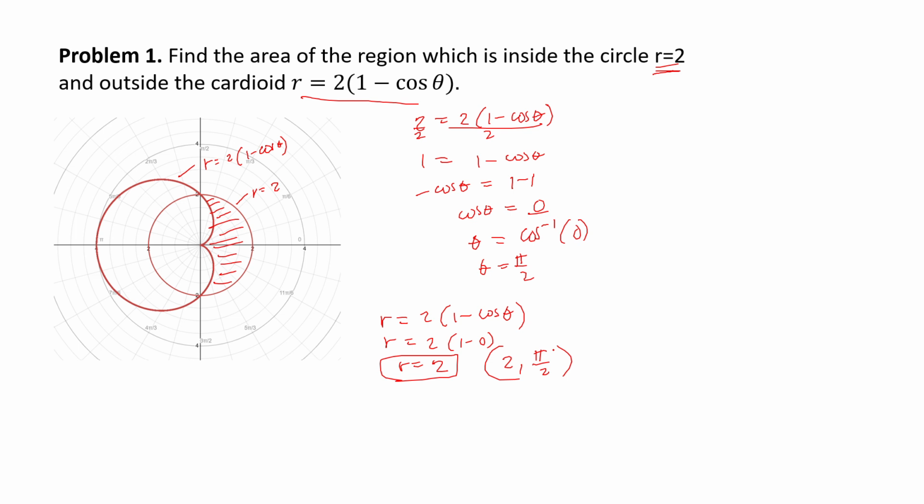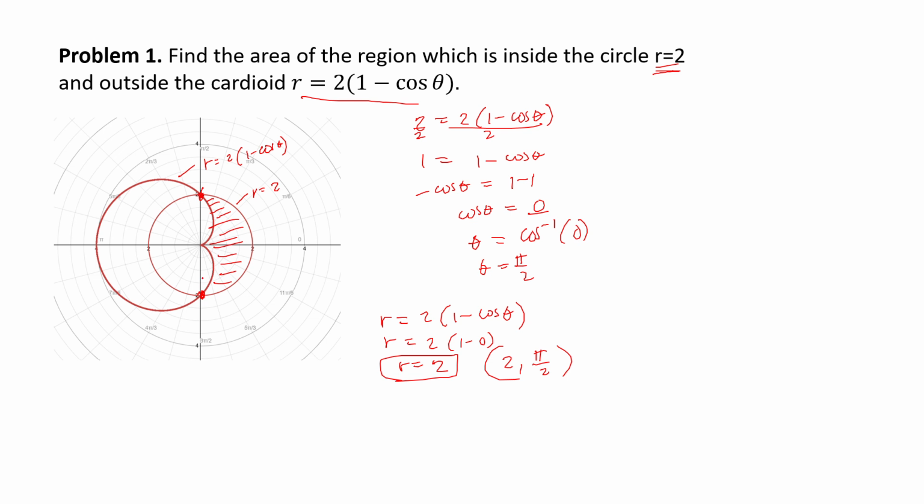And also we have the other intersection, 2 and negative pi over 2, here and here.